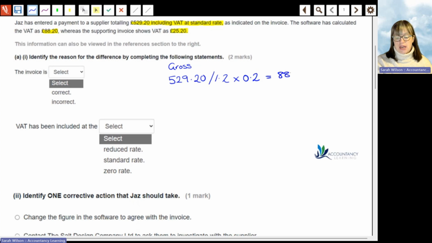That equals 88.20. So now we've got the correct amount of VAT for that amount. We can see 88.20 was on the software and the invoice is 25.20. So therefore we can say the invoice is incorrect.